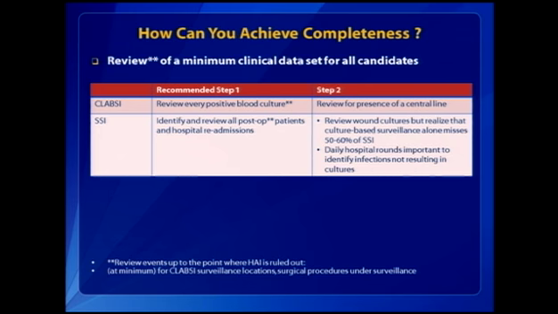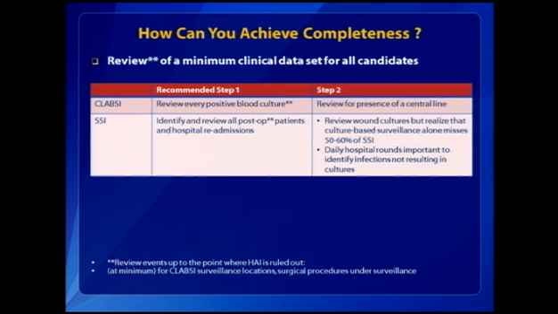For SSIs, you would need to identify and review all post-op patients, both during their initial surgical procedure admission and also for hospital readmissions, to identify those complex infections that are required for CMS reporting. And we know that many SSIs are not identifiable by microbiology laboratory criteria alone.